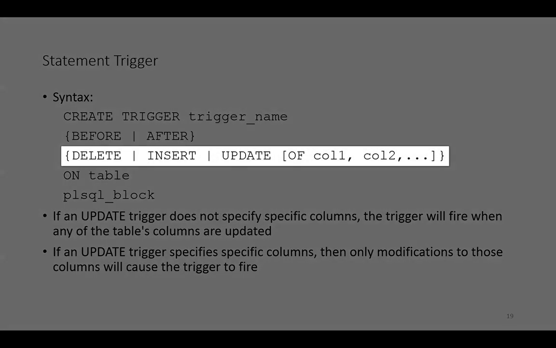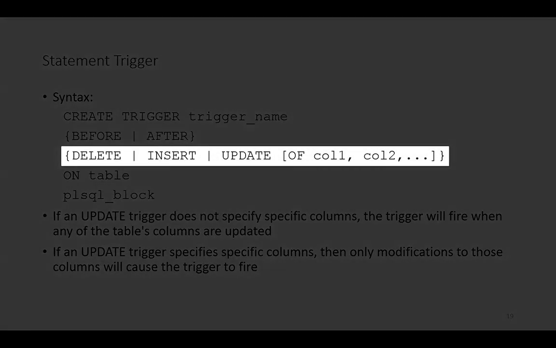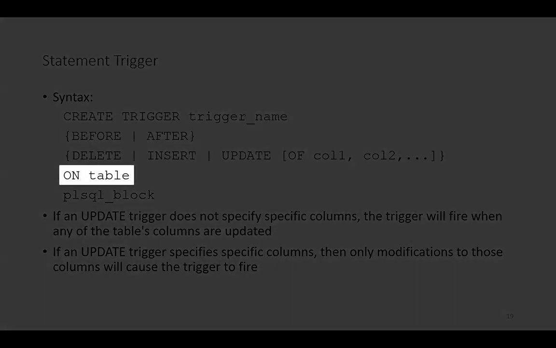Next is the triggering event. What is the DML operation that will cause this trigger to fire? It could be delete, it could be insert, it could be update. If it's update, it also could be very specialized and address updating of a particular column rather than updating any column. Then, what is the table that the trigger is associated with?